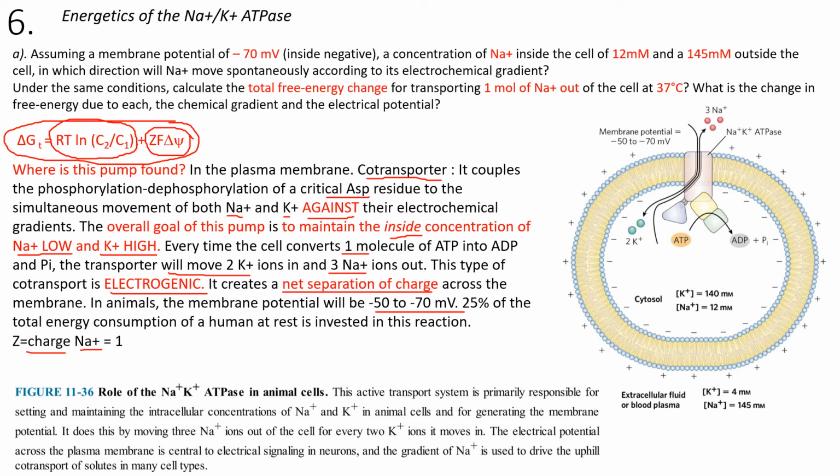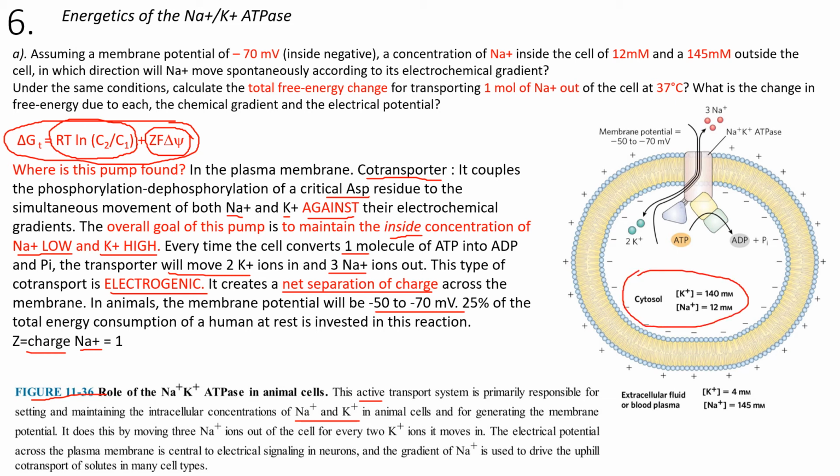And now I'm going to read you the figure 11-36. Okay. So role of sodium-potassium ATPase in animal cells. This active transport system is primarily responsible for setting and maintaining the intracellular concentrations of sodium and potassium. And like we said, we want to keep sodium low and potassium high inside of the cell, right here.